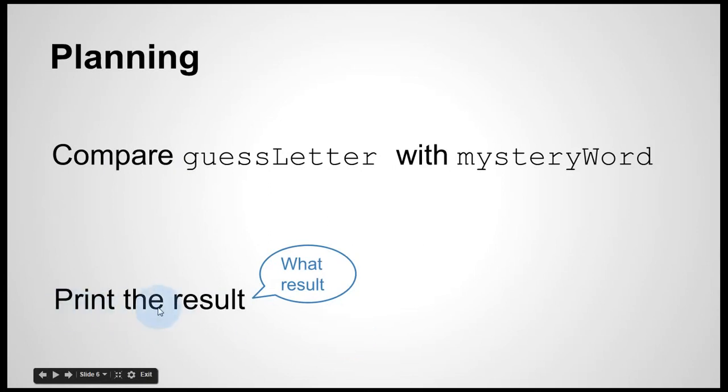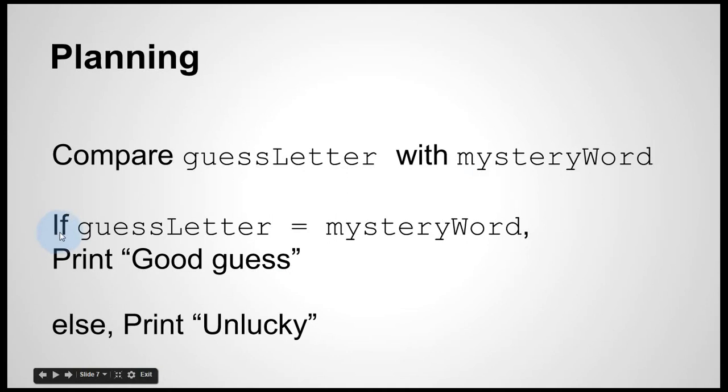We want to print right or wrong, depending on comparing guess letter with mystery word. So what we want is if guess letter equal mystery word, then we print good guess, or else we print unlucky. So we already clarified the plan that we want, the features that we want.